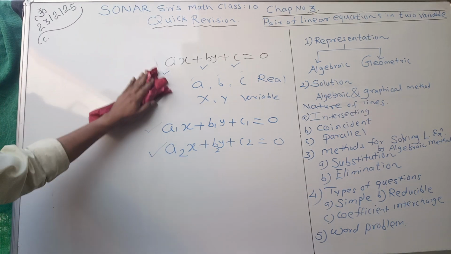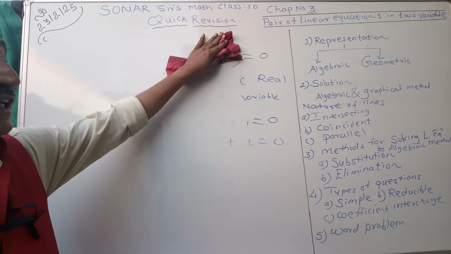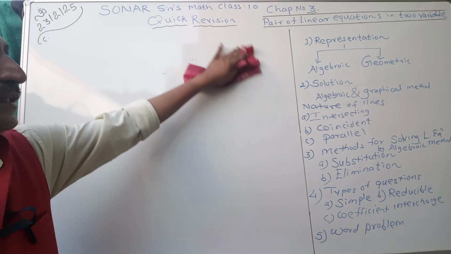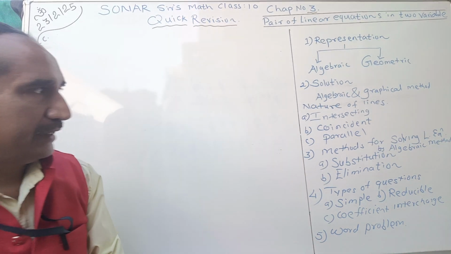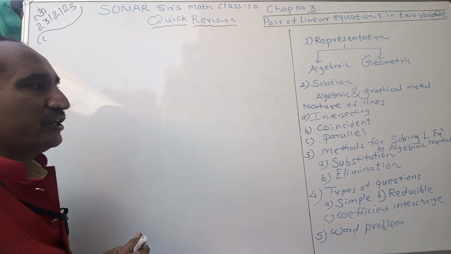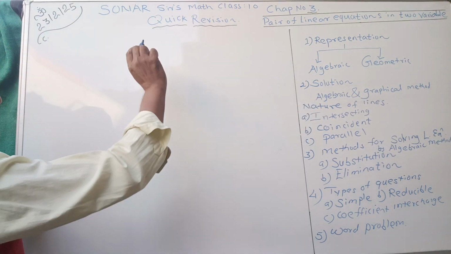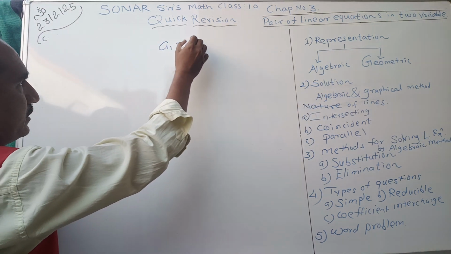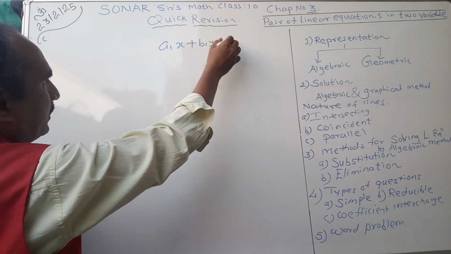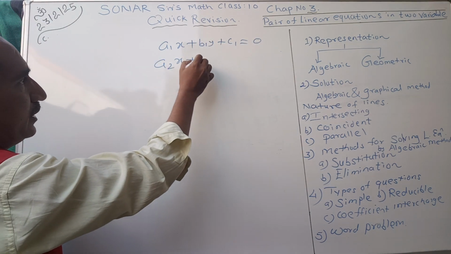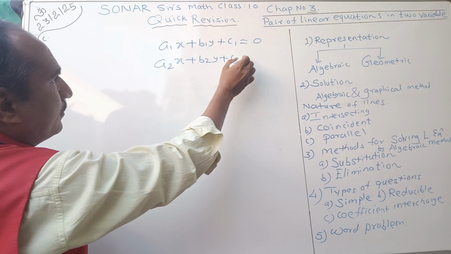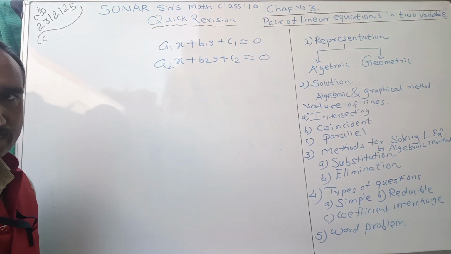Now we'll discuss the nature of the lines. The nature of the line is decided by the coefficients of the linear equations. Suppose a1x plus b1y plus c1 equals to 0, a2x plus b2y plus c2 equals to 0.